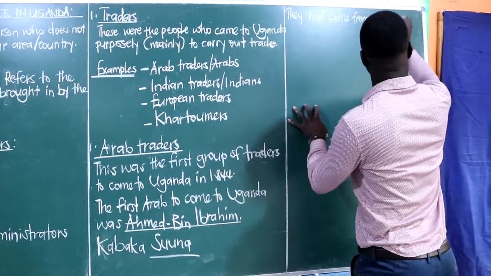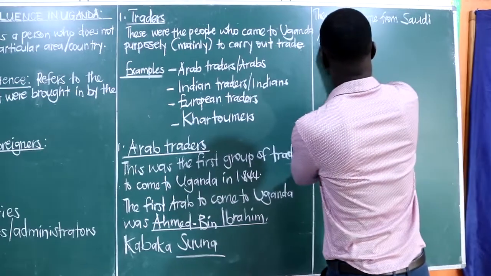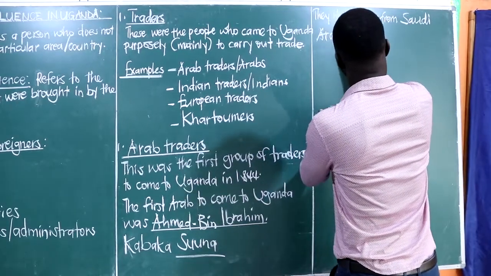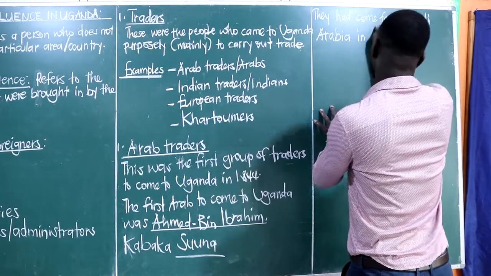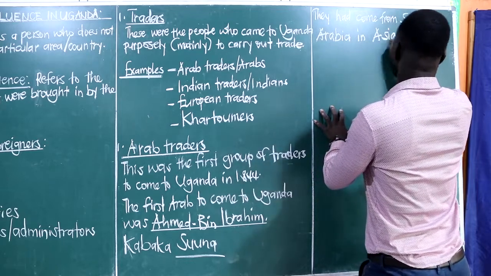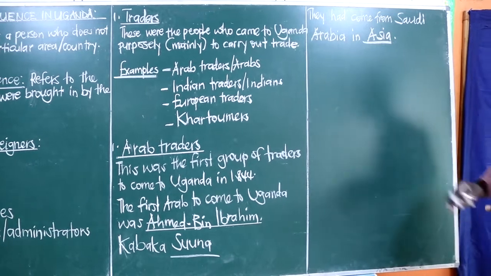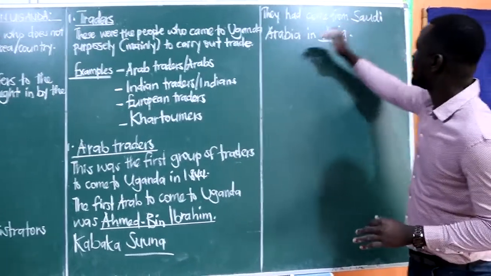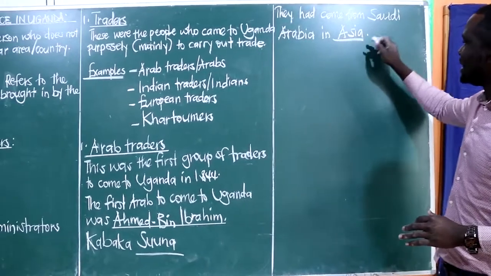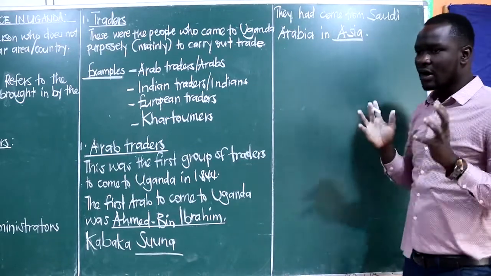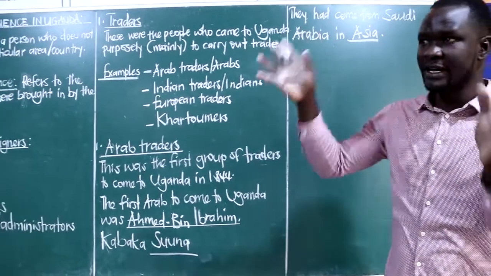Saudi Arabia is found in a continent that we call Asia. I want us to be understanding that. They had come from Saudi Arabia in where? Asia. Asia is a continent just like Africa.